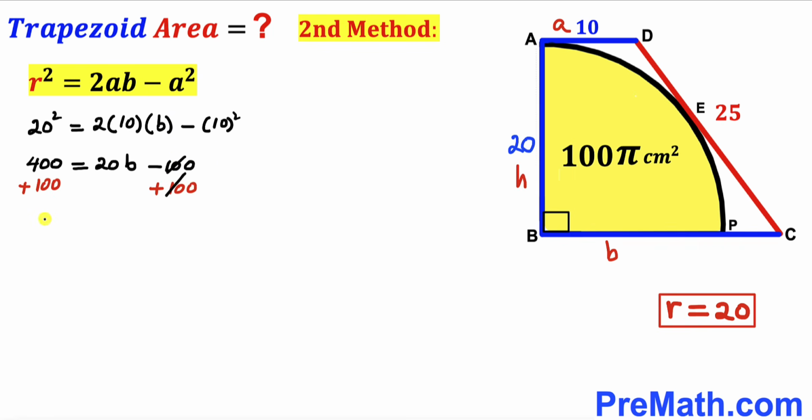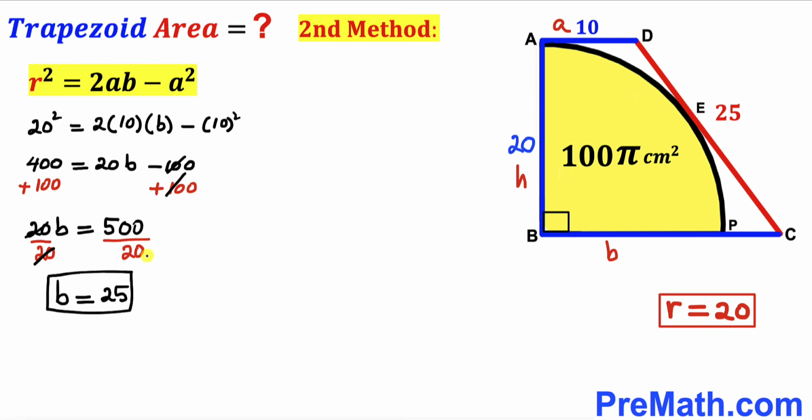So therefore 20 times b is going to be equal to 400 plus 100, which gives us 500. And now I'm going to divide by 20 to isolate b. This 20 and 20 is gone. So therefore our lowercase b value turns out to be simply 25 centimeters. Thus this b value turns out to be 25 centimeters by using the second method as well.